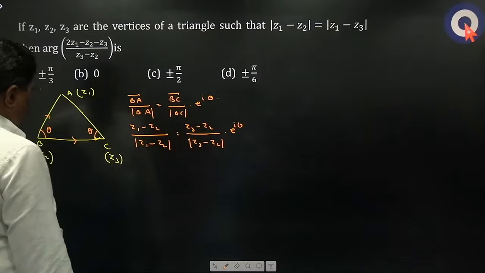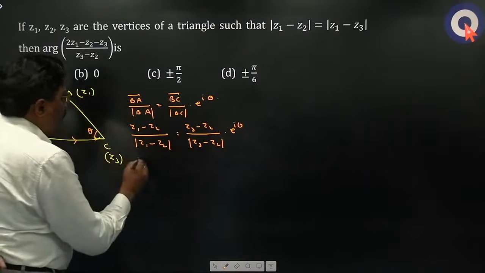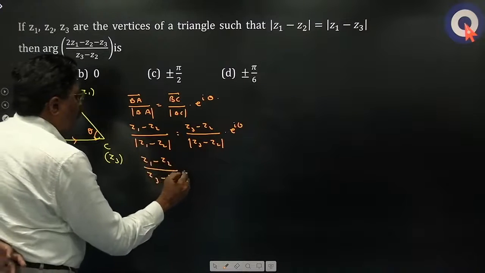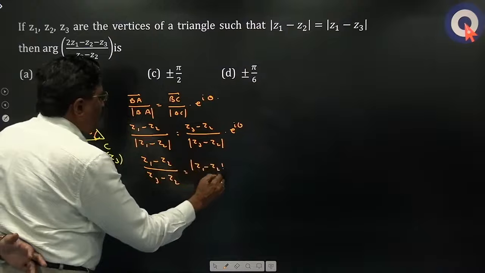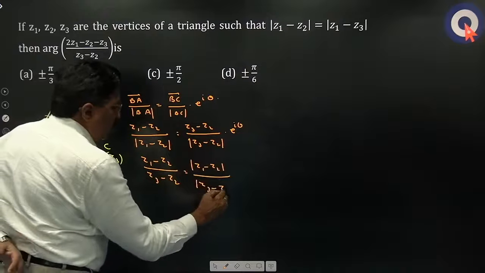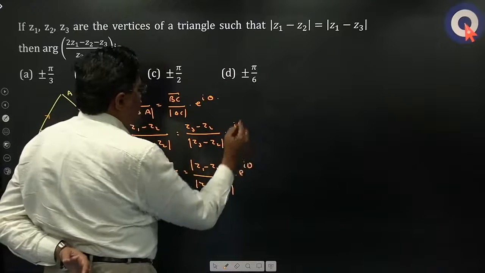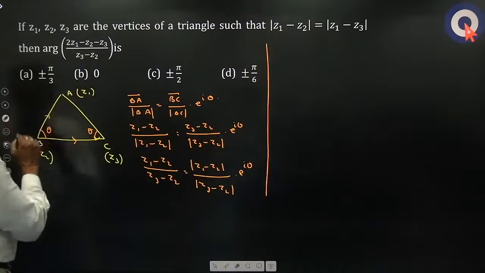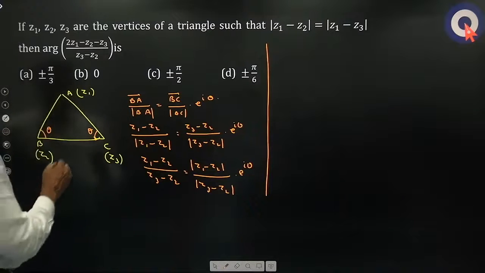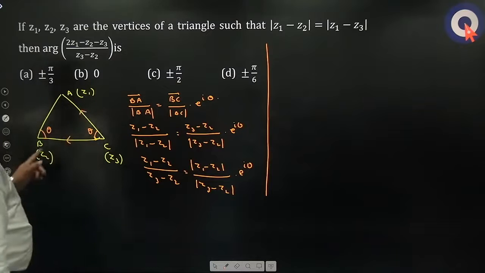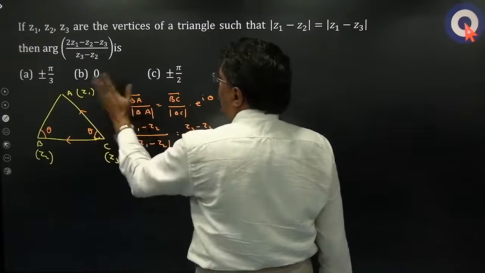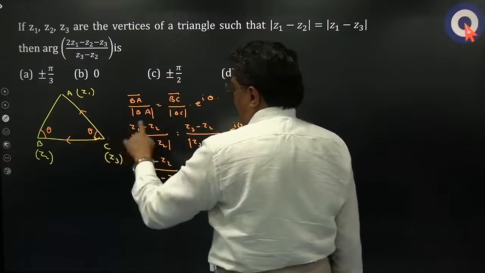Now, or we can write Z1 minus Z2 by Z3 minus Z2 is equal to mod of Z1 minus Z2 by mod of Z3 minus Z2 into e to the power of I theta. Let us keep it like this. All right. So now I will consider CB and CA, and CA I will rotate to make it coincide with CB. So the final vector is CB.